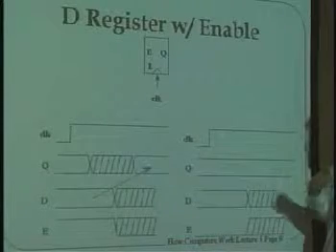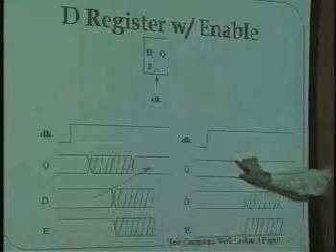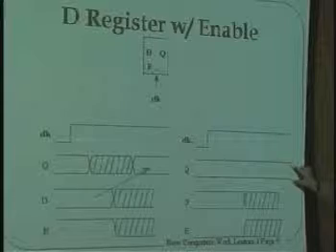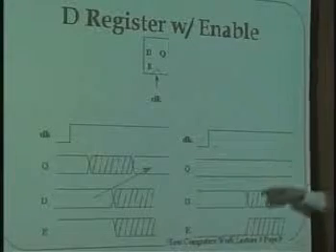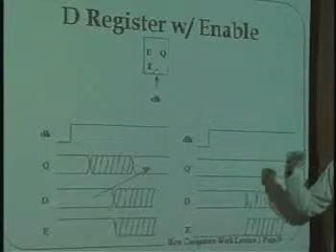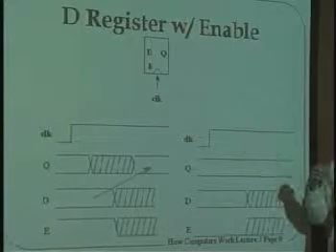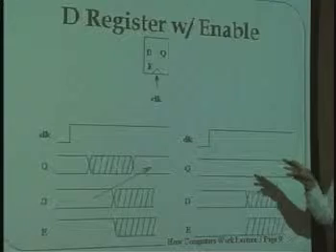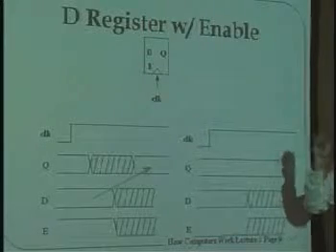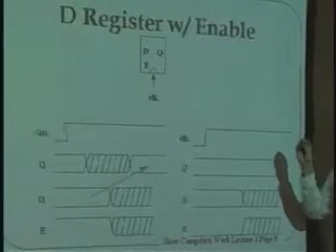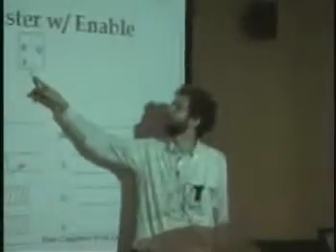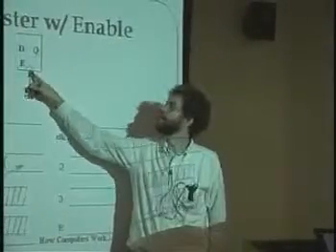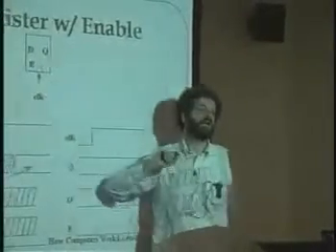It doesn't matter that we pressed the shutter, because Q will stay with the same value forever and ever, until the next time when the enable is high and we turn the clock from low to high once more. Okay, so it's a mechanism for taking a snapshot of the data on D, propagating it to Q, and the only trick is that whether or not the snapshot is actually taken is predicated on E being high. So that's the enable for the system.